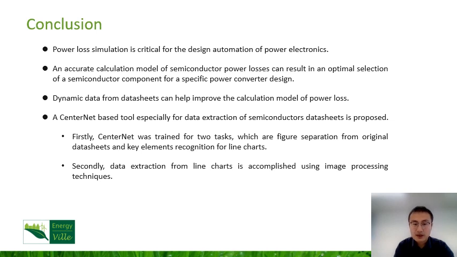Secondly, the final data extraction is accomplished by using image processing techniques. And then, finally, an improved dynamic power loss model using the dynamic data extracted from the datasheets is explained.